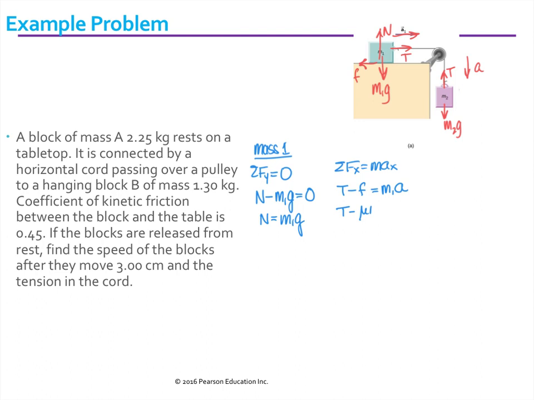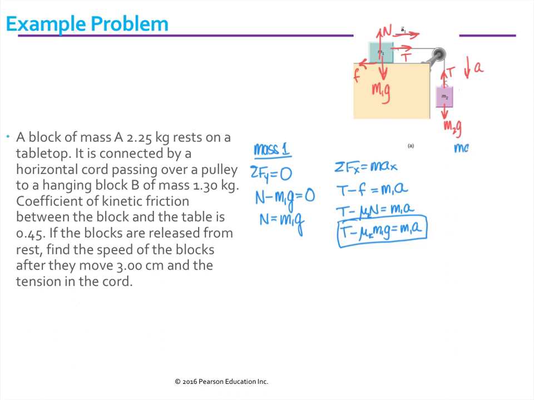I'm going to do a little bit of substitution for the frictional force because I know that it's defined as the coefficient of kinetic friction times the normal force, but I already found the normal force, so I'm going to substitute that in for it. So I'm left with this equation. This is one of my two algebraic equations that I'm going to be manipulating to solve this problem.